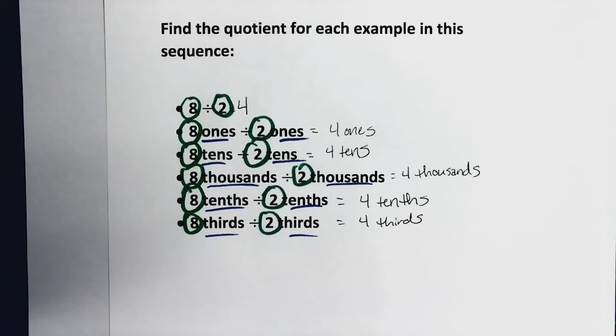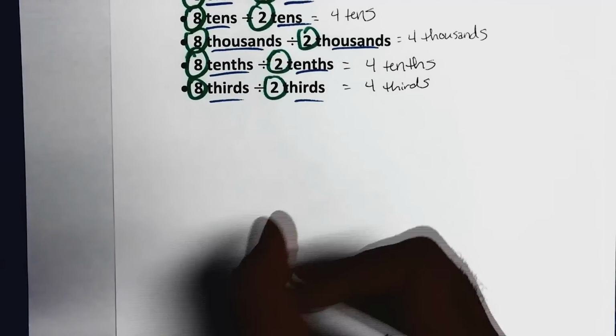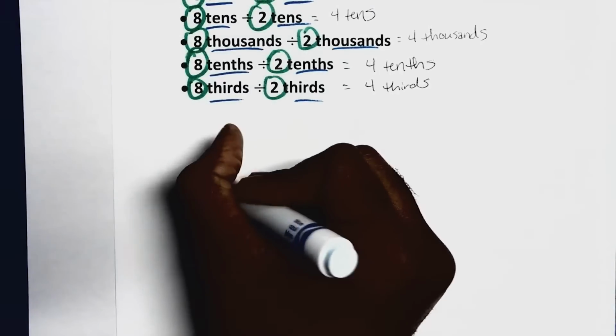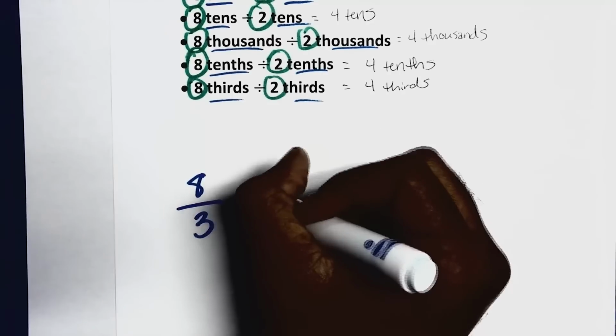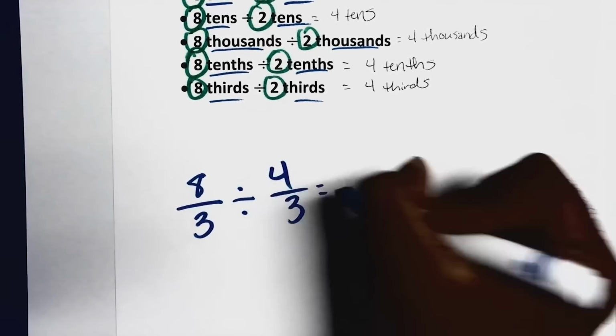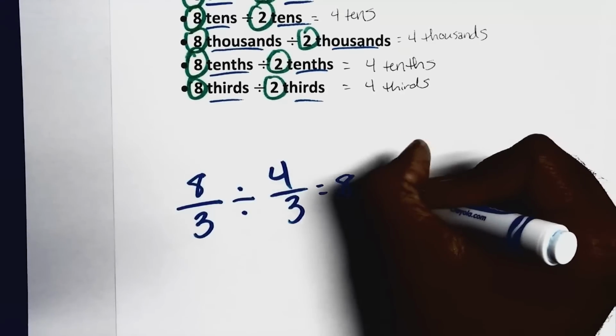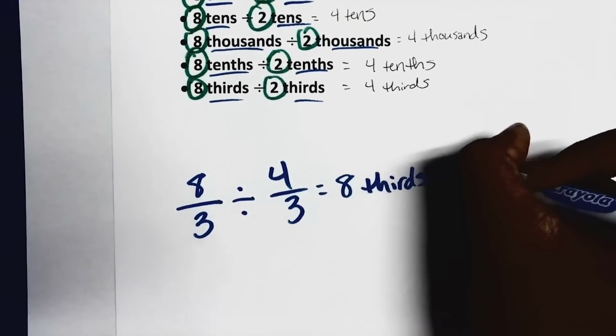Let's see how this looks with fractions. If I had 8 thirds divided by 4 thirds, I know that is 8 thirds that I'm dividing by 4 thirds.